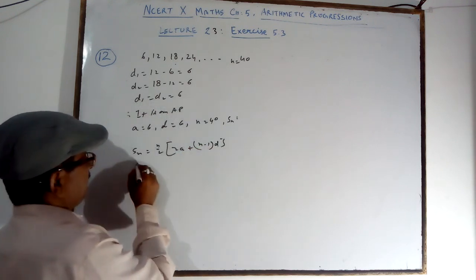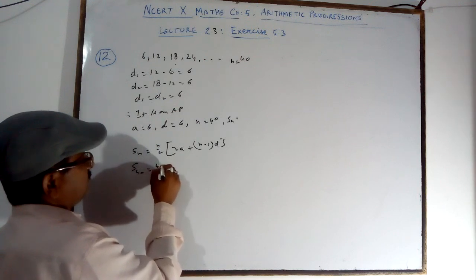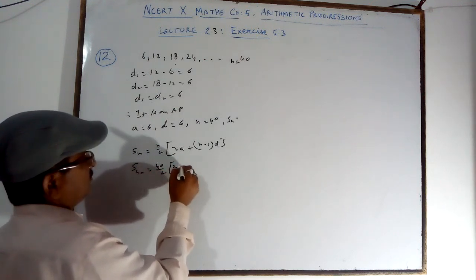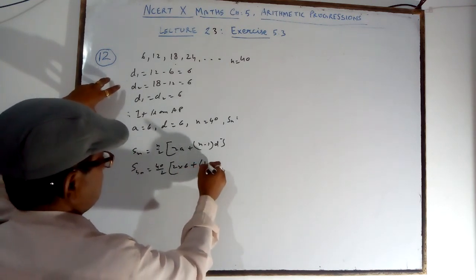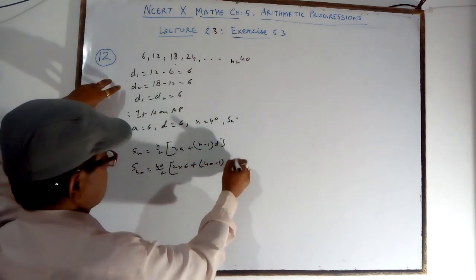This formula will apply. S40 is equal to 40 by 2 into 2 into 6 plus 40 minus 1 into 6.